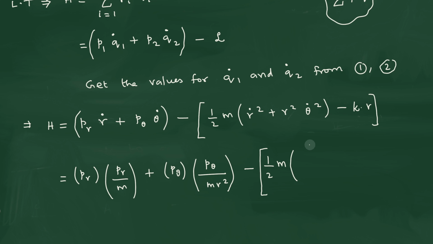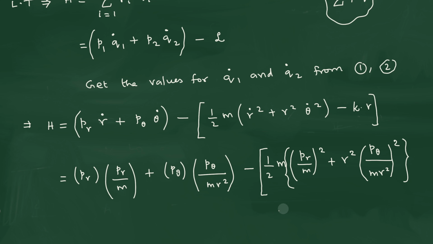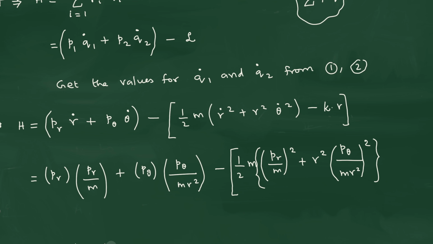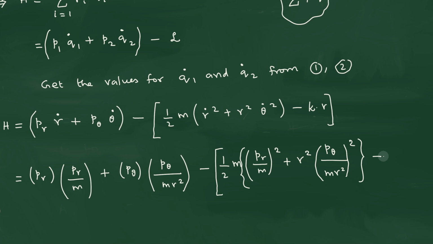Once again we use r dot square as pr by m whole square, plus r square, and again theta dot square, which is p theta divided by mr square, that whole square. Half m is common for these two things. Then minus you have k times r. That closes the bracket.